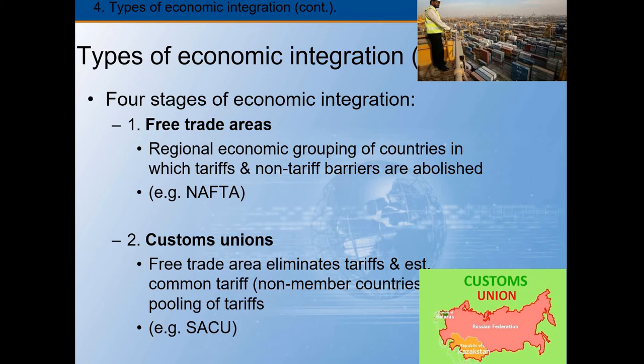So this leads to the creation of what is known as a customs union. And the difference between a customs union and a free trade area is that in a customs union, you have a common border and everyone agrees on a common tax for certain products, and often the tariffs are then pooled and distributed between the countries according to an agreement, for example, based on the size of the countries, etc. So let's say a common standard is generated that 15 Rand will be charged on each packet of cigarettes imported.